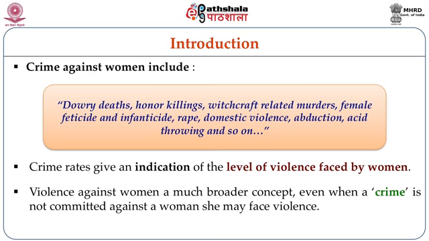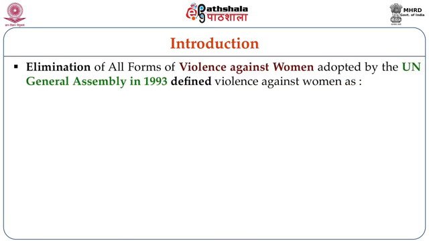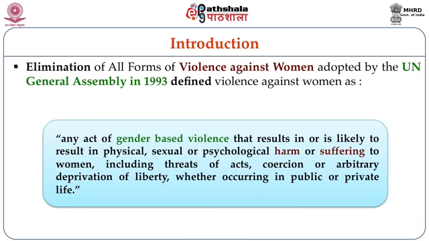What does that mean? The Declaration on the Elimination of All Forms of Violence Against Women, adopted by the UN General Assembly in 1993, defined violence against women as any act of gender-based violence that results in or is likely to result in physical, sexual or psychological harm or suffering to women.